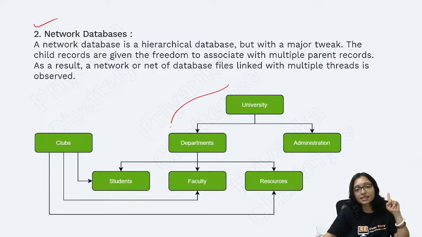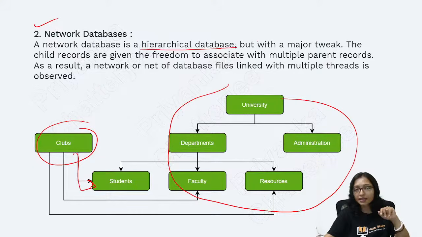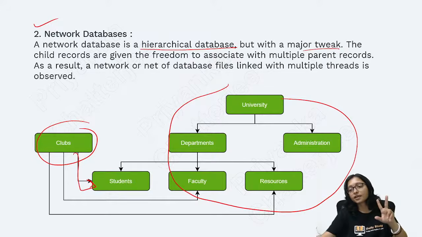Here you can see the hierarchy is there, and with that another one is also connected. That's why it is called network database. Network database is a hierarchical database, but the major tweak is that two or three parties are connected here, making a network.